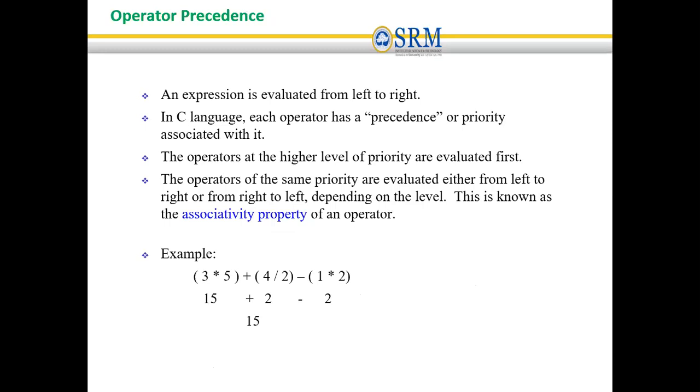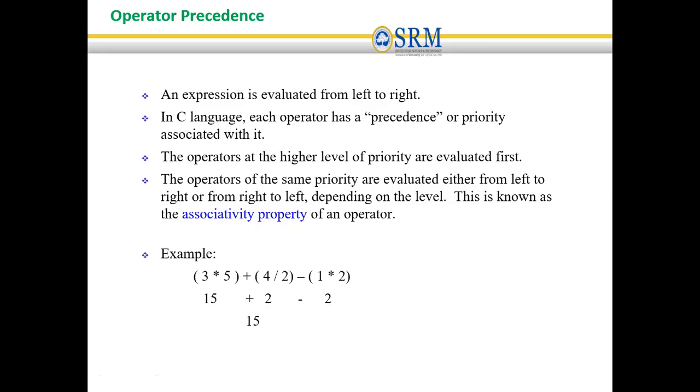The next topic is operator precedence. Whenever an expression is evaluated by a compiler, it will be evaluated from left to right. But in C language, each operator has a precedence, which is nothing but a priority associated with every operator.